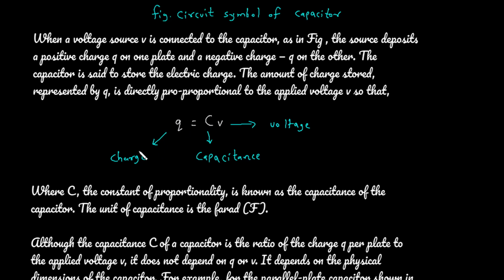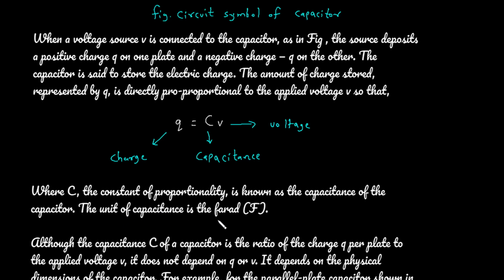This Q represents charge, this C represents capacitance, and this V represents voltage. So remember that this is the formula: charge is equal to C into V, where C, the constant of proportionality, is known as the capacitance of the capacitor.